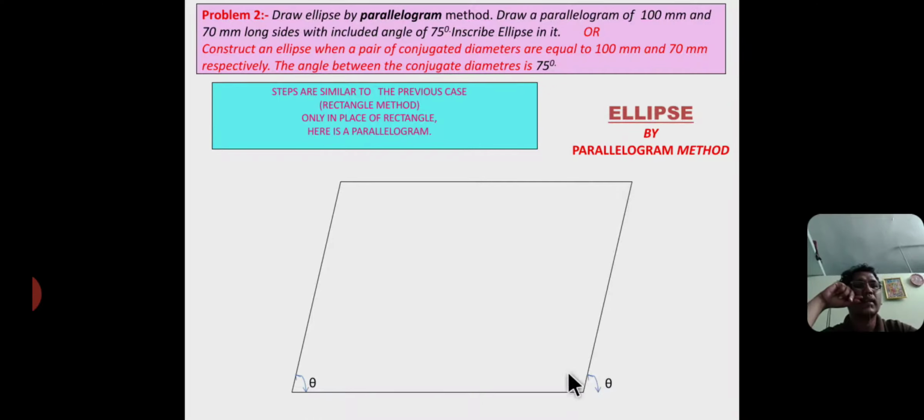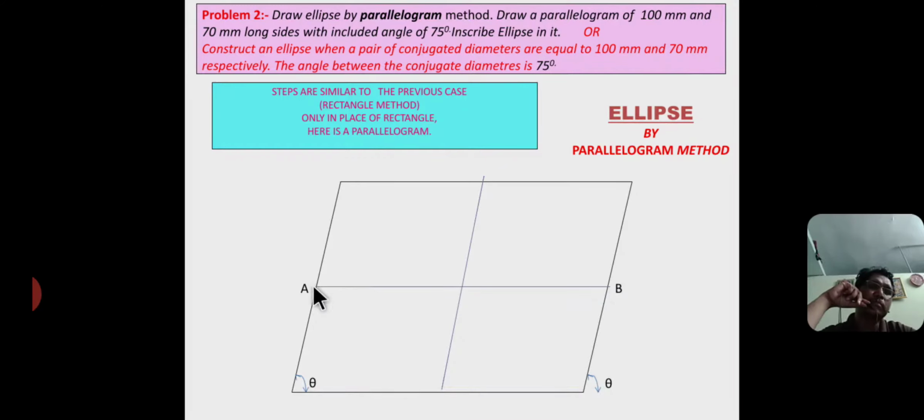The length of this inclined line is 70 mm. So the bottom length is 100 mm, the inclined line's length is 70 mm, and join these top corners by using a horizontal line. Draw an inclined line the same way at the midpoints.